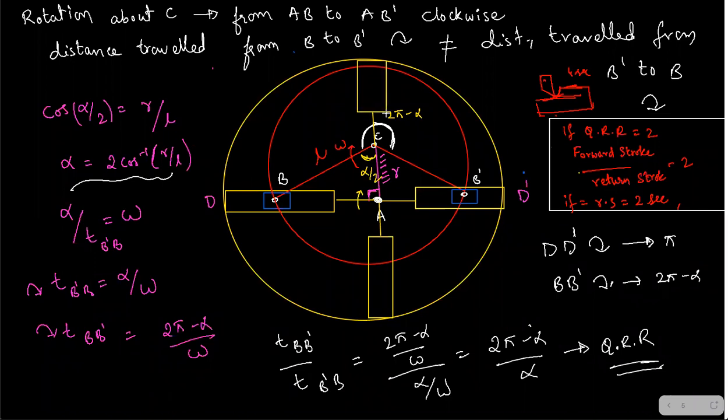So this is another cylinder that you are seeing here, and then you have the sliders. The slider is on this red circle, right? The slider has to move on the red circle. So this is the position of the slider, and then you have the connecting rod.